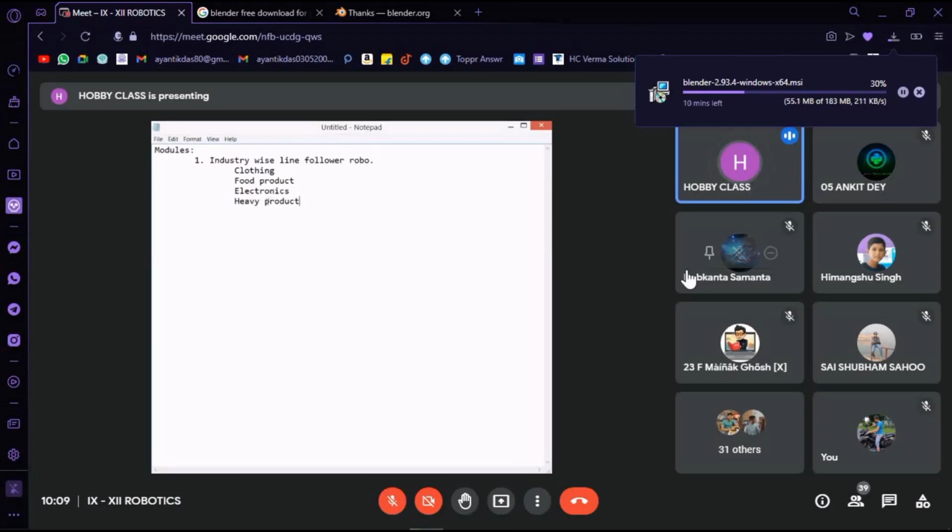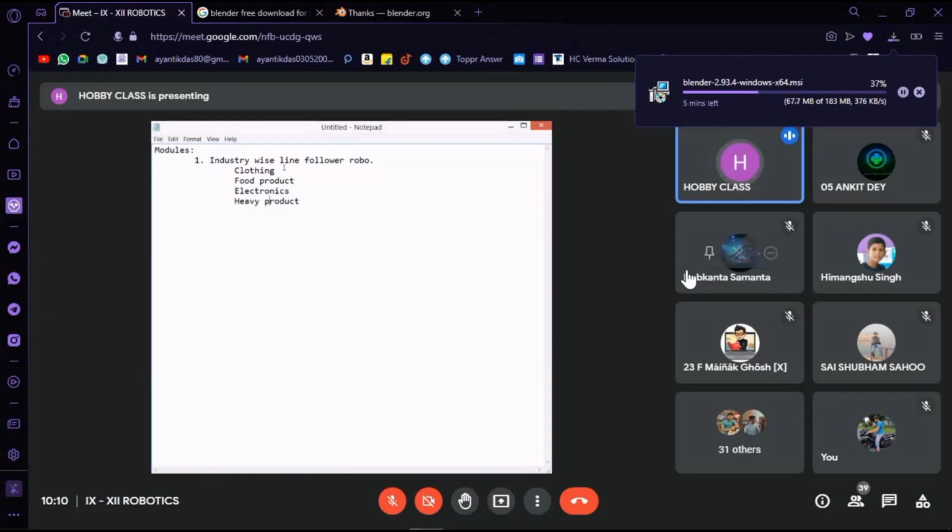We will design a platform where we will keep different types of products. If I keep a clothing product, the behavior of the robot will be different. If I keep a food product, the behavior will be different. If I keep an electronics product, the behavior will be different, with the same robot. Suppose robot A works for clothing products in one manner, for food products in a different manner, for electronics in another manner, and for heavy product industry it will work in a different manner.